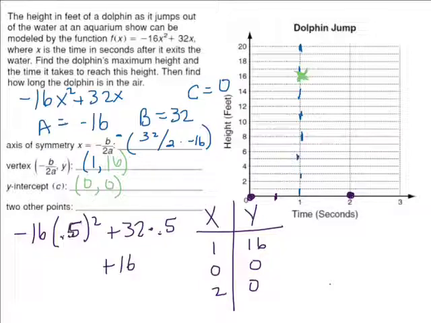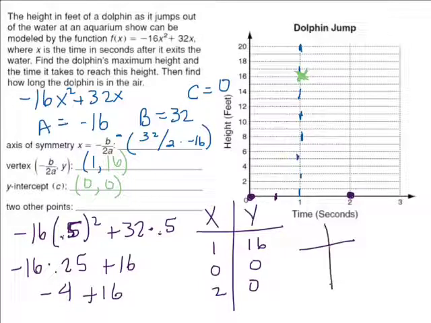If we do 0.5 squared, that's 0.5 times 0.5. That's negative 16 times 0.25. A quarter of negative 16 is negative 4. I subtract those two, I get 12.